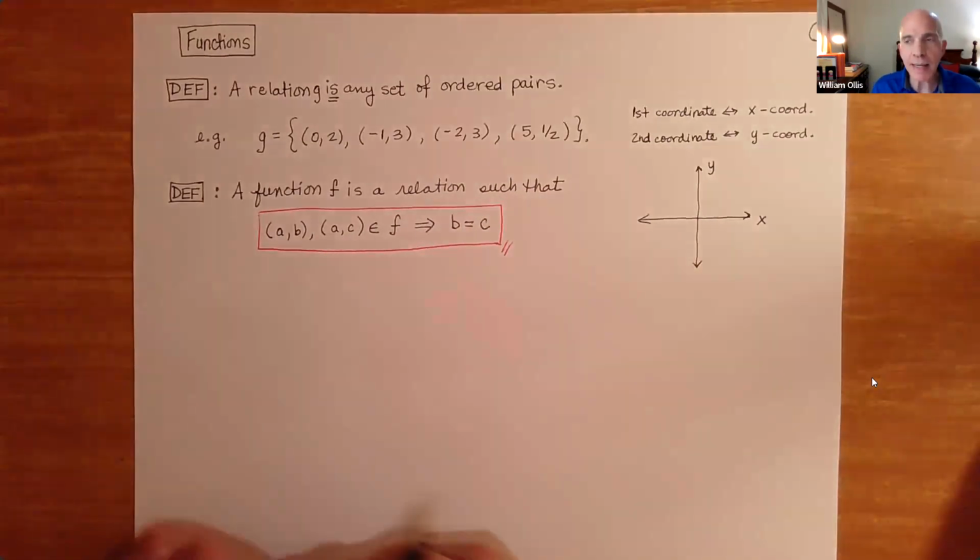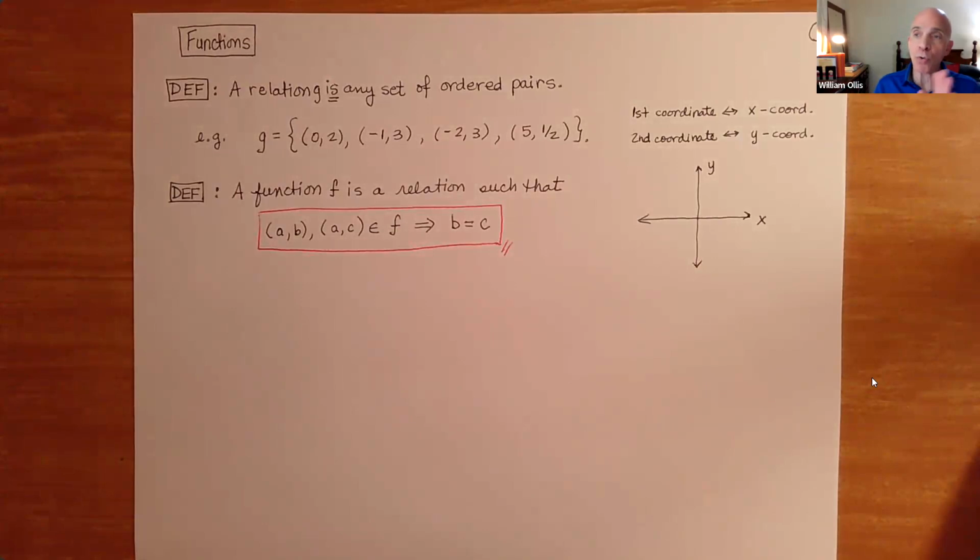So what that's saying is that when you associate a first coordinate with a function, then the second coordinate is unique. You don't get two coordinates. For instance, you don't get two outputs with one input. You get a single output.